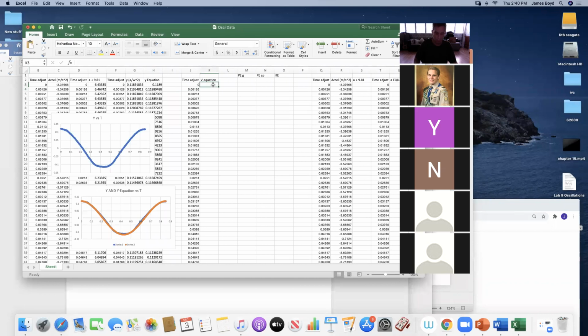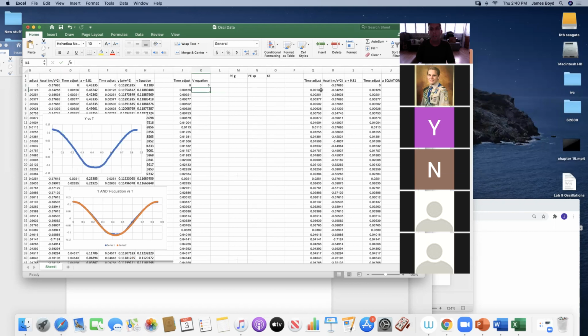And this equation equals negative 7.3642 times 0.1189 times sine of 7.3642 times the adjusted time, or you could use that next one, whichever one.